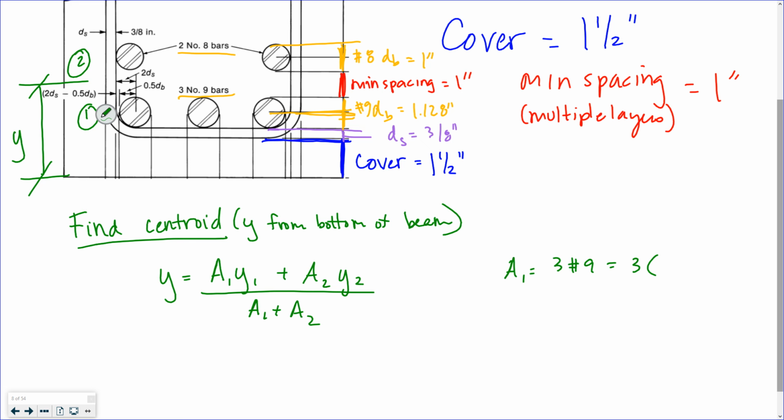Yes. Area 2 is 2 number 8s, so 2 times 0.79, whatever that is.